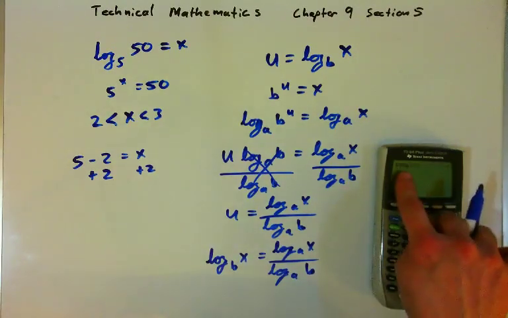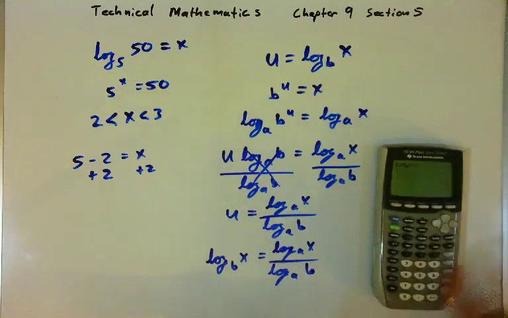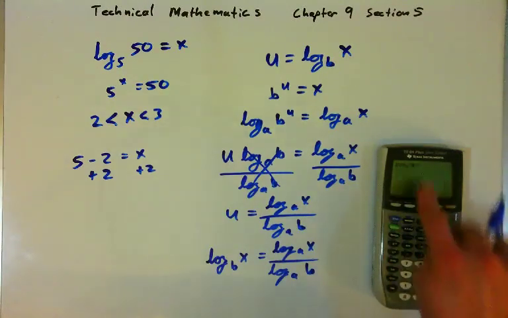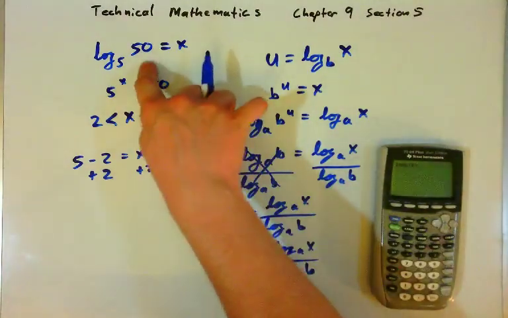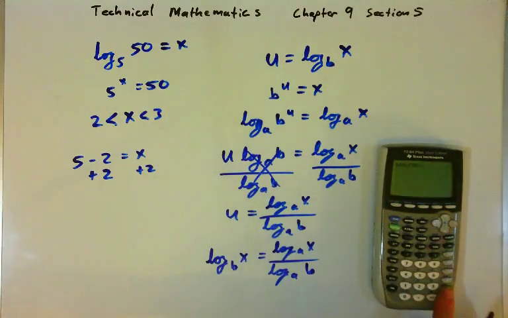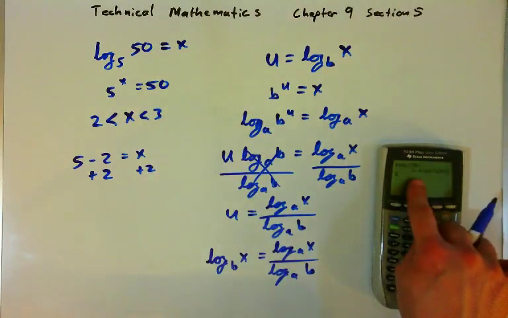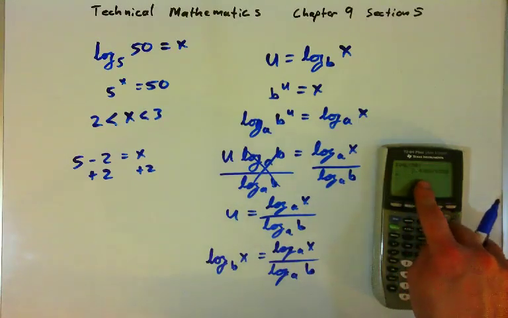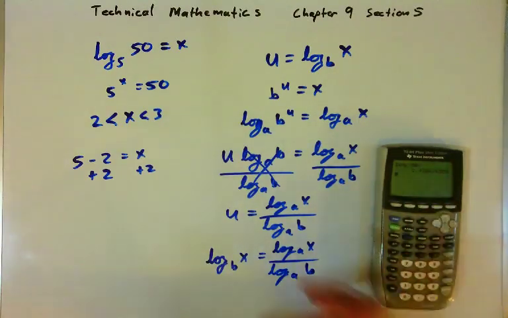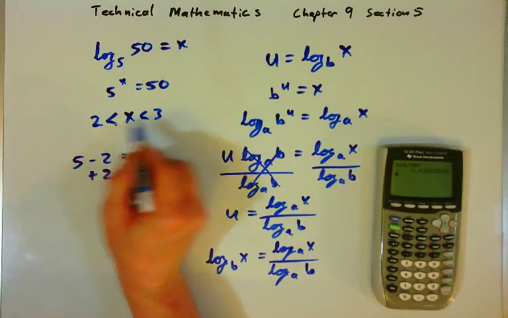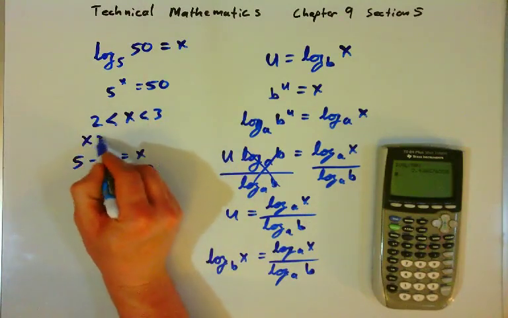Log base allows me to enter some other base, like 5, and then enter the argument, which is 50, and press equals. And we can see that x here is going to be equal to 2.431. In this example, we said it was between 2 and 3, and it is.